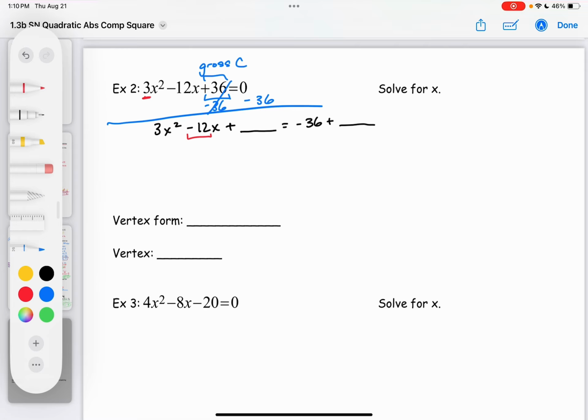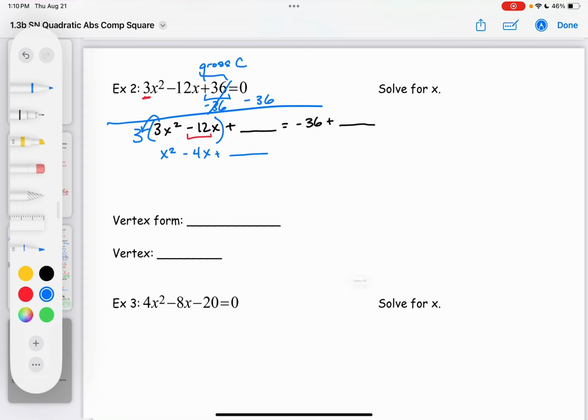I want to next get rid of the 3 like I was talking about. I want to factor it out. So on this side, if I take out the 3, it's almost like dividing both things by 3. So I take out the 3, that leaves me inside x squared, and on this one, a negative 4x.